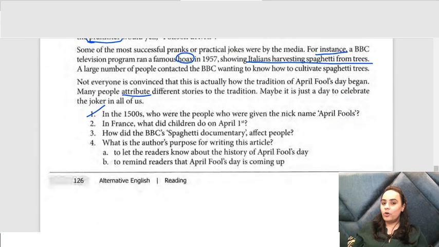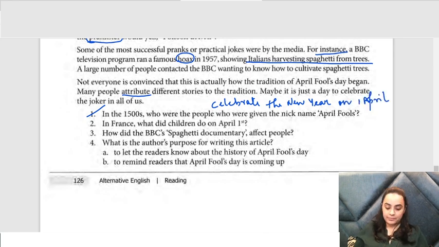But we are not going to copy it as it is, as I told you already. So, those people who would celebrate New Year on 1st April were called the April Fools.